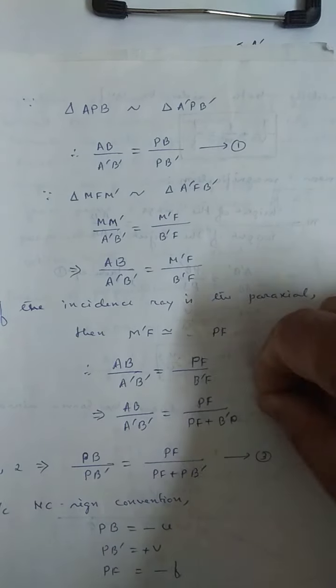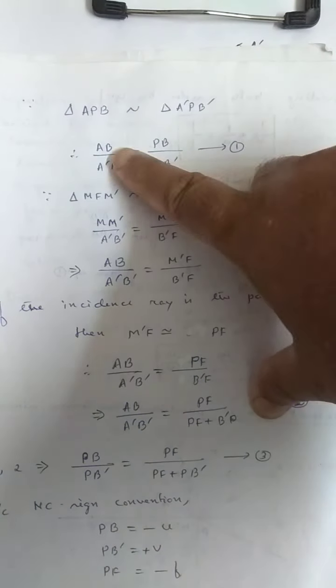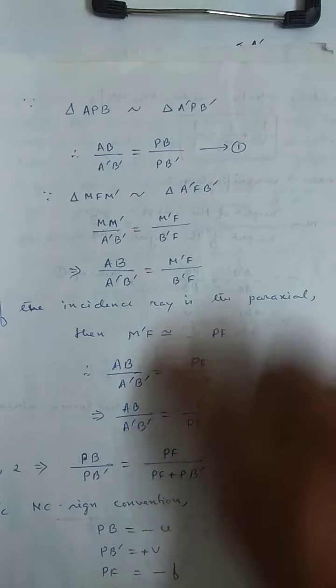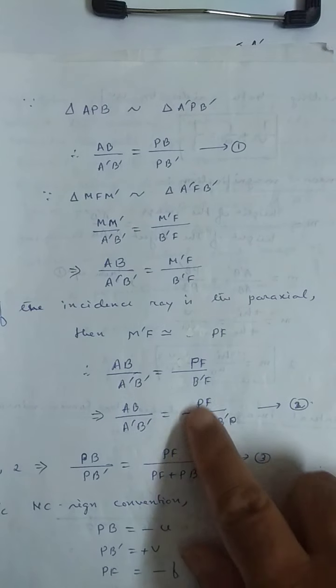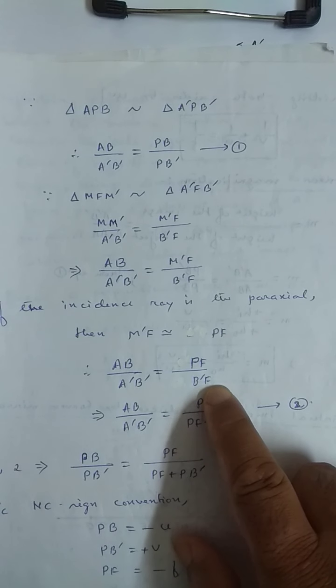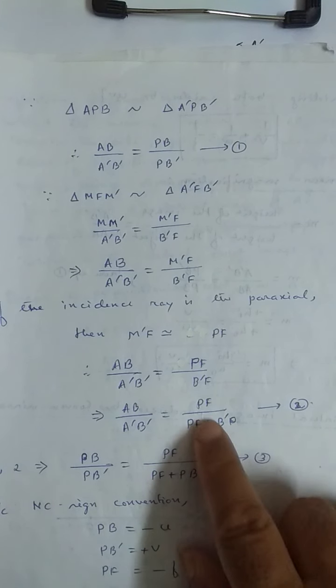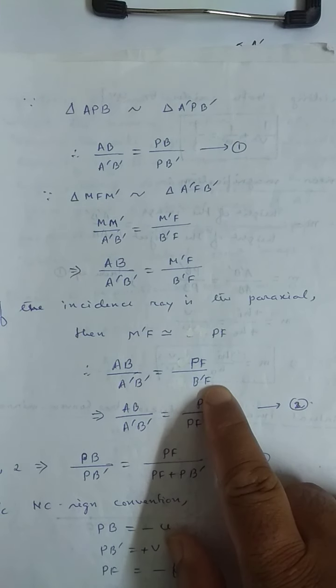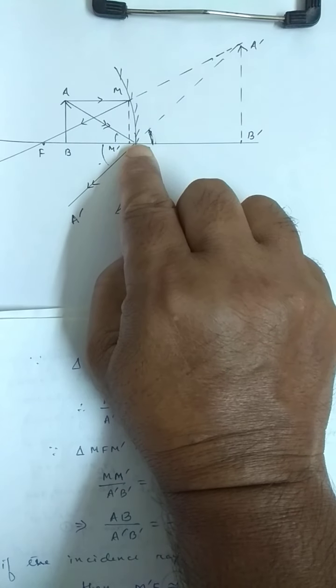Now, from equations 1 and 2, the left hand side AB by A dash B dash is PB by PB dash, and also PF by B dash F. But what is B dash F? All distances have to be measured from the pole.